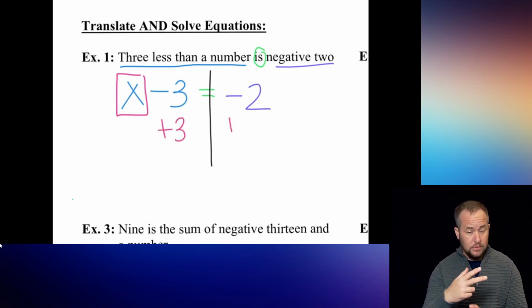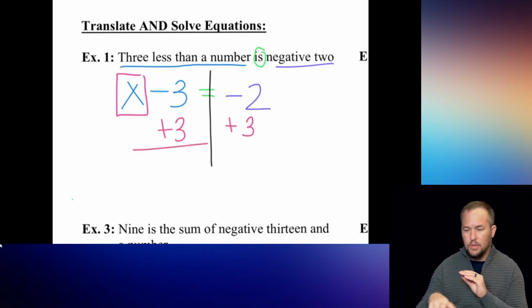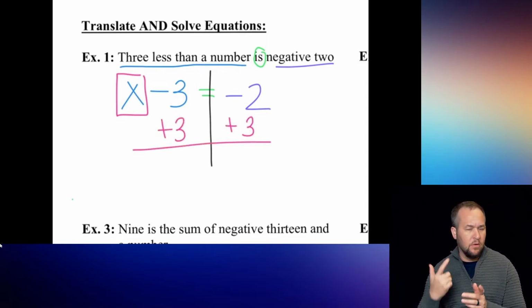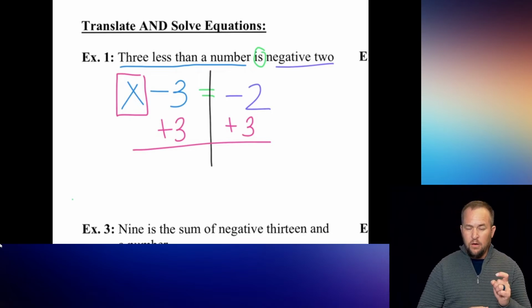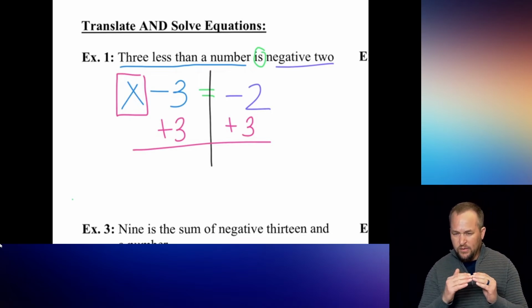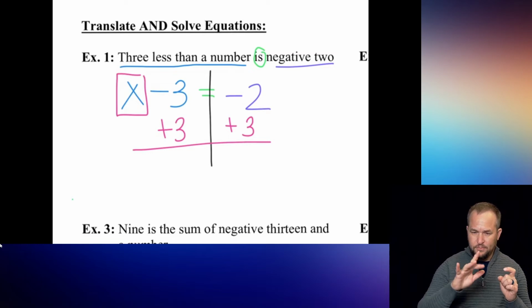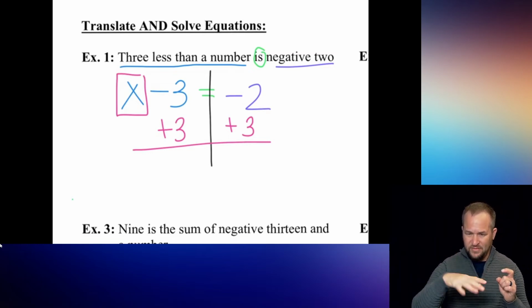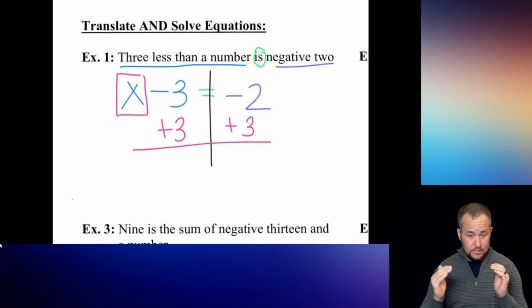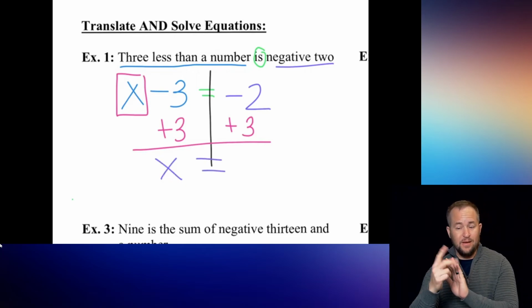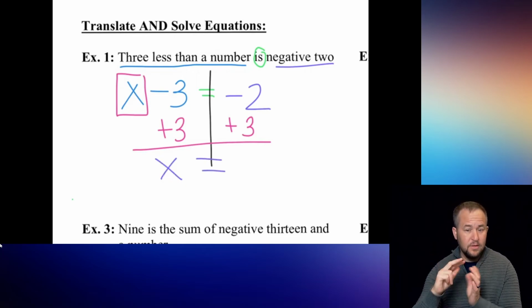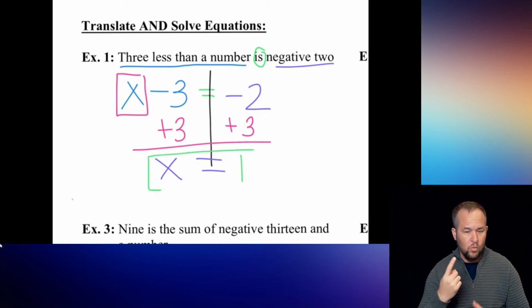Whatever I do to one side, I have to do to the other, remembering this from last year. So then all I have left is x and then plus 0, because if I had negative 3 and then I added to it. But do I necessarily need that step? No. So I'm just going to say x equals, and then when I have negative 2 and I'm adding 3 to that, I end up with x equals 1.